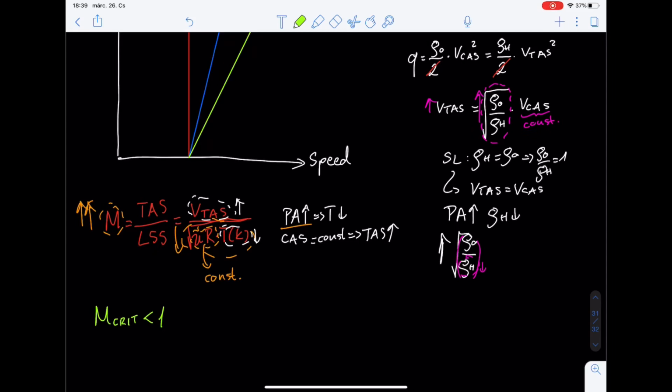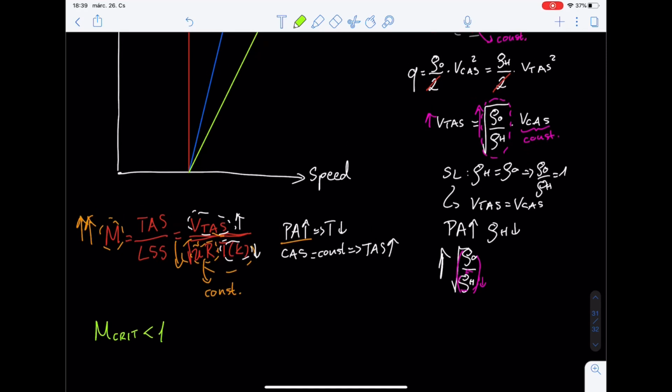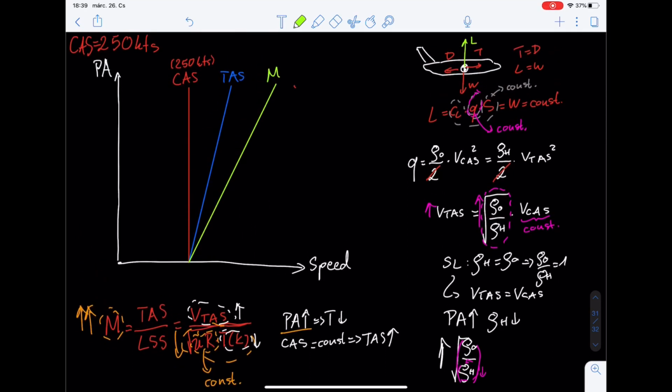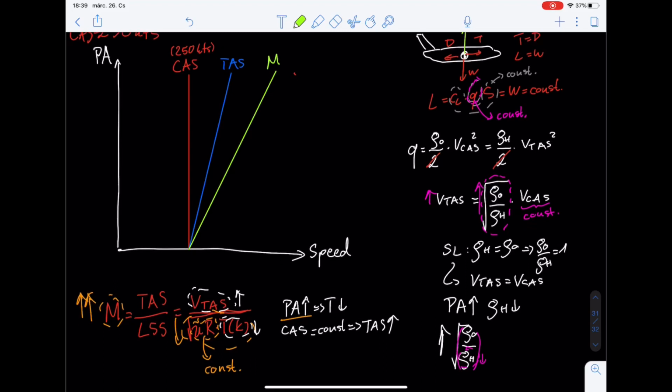For commercial airliners, 0.8 and below 0.9 is the usual critical Mach number, and you want to keep a buffer from this speed, right? Because after that, in the transonic range, if you increase your Mach number, then you're going to reach the high speed Mach buffet.